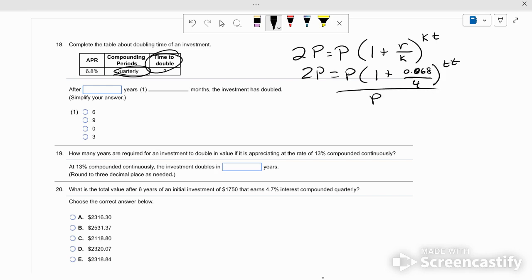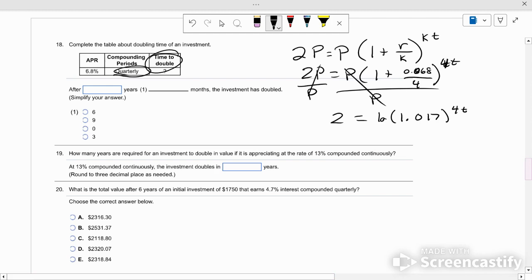If we divide both sides by p, the p's cancel, so it's just 2 equals 1 plus, well, let's figure that out. What's 0.068 divided by 4? To the 4t power.